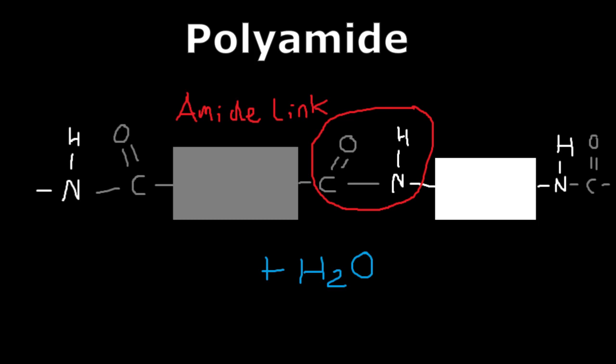So this type of condensation polymer is called a polyamide because you've got lots of amide links. An example of a polyamide is the artificial polymer nylon. So if you're asked for an example, say nylon. It's also the type of bond which forms between the amino acids in a protein, for those of you that do biology.